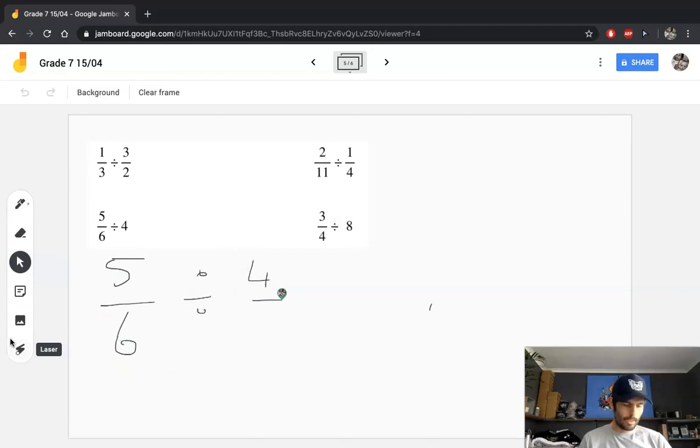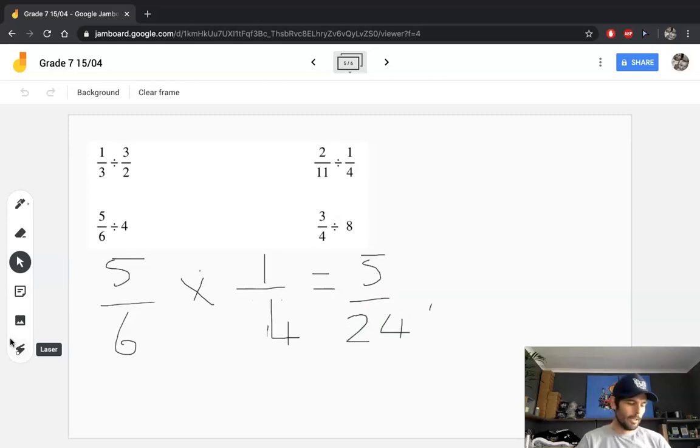Okay, those are exactly the same things. All right, so now what we're going to have is we'll change that division sign to a multiply sign, and we'll have 1 over 4. Now I just multiply the numerators together and I get 5, and I multiply the denominators together and I get 24.